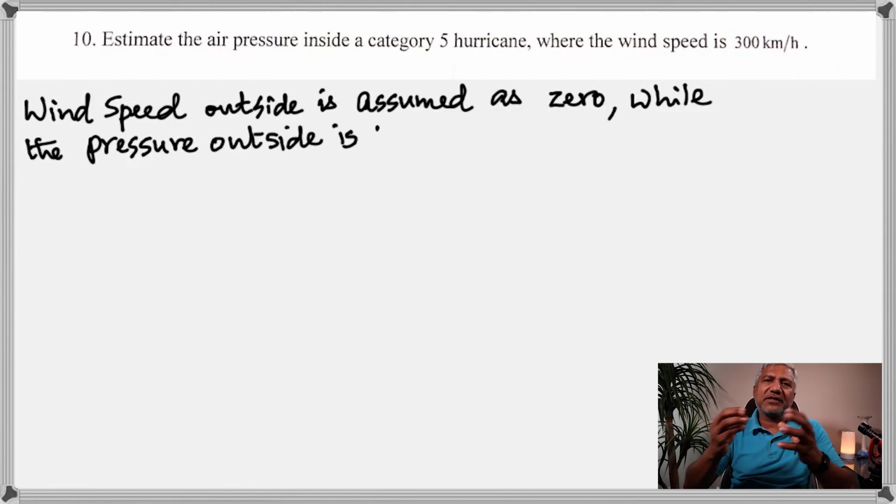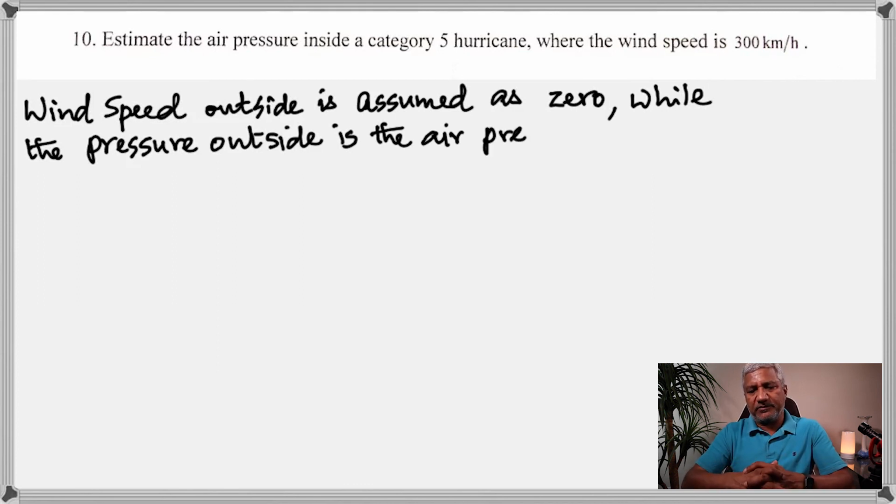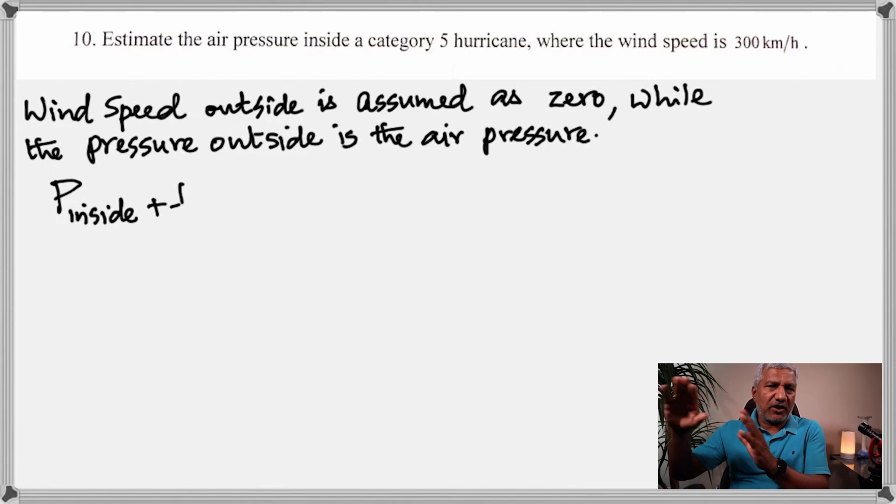Okay? Because it'll be very small, almost close to 0. So the pressure outside is the air pressure. What does that mean? It's the atmospheric pressure. So on the outside, the air is not moving. Therefore, the pressure there is the atmospheric pressure.